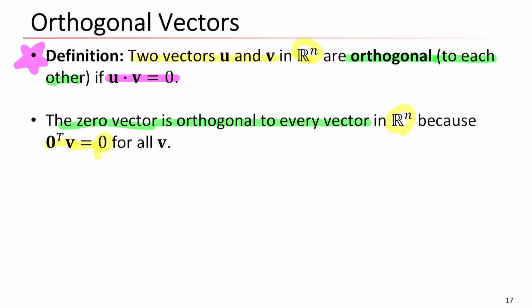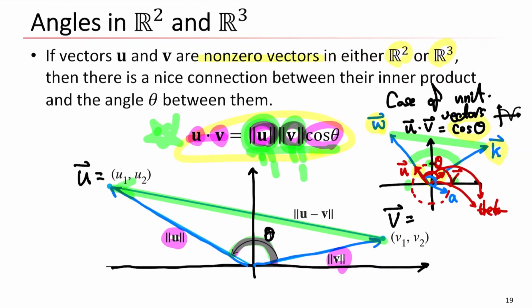Okay, so this is orthogonality. This is another viewpoint of the inner product. The inner product can be defined like this: u·v is equal to the length of u times the length of v times cosine theta. Theta means the angle between vector u and vector v, right?